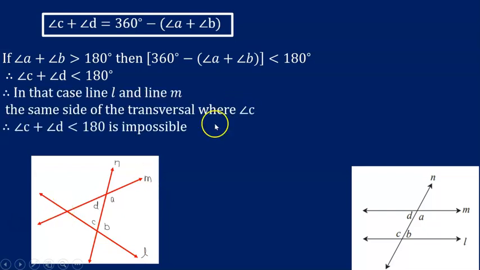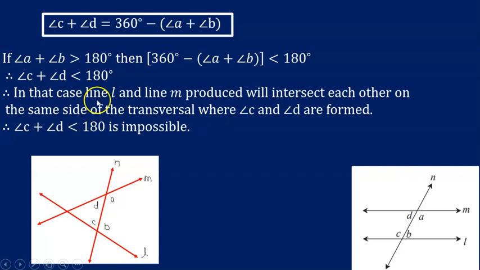But in this case, lines M and L produced will intersect each other on the same side of the transversal where angles C and D are formed. Here the angles C and D are formed, and if we produce lines M and L, they will intersect here.